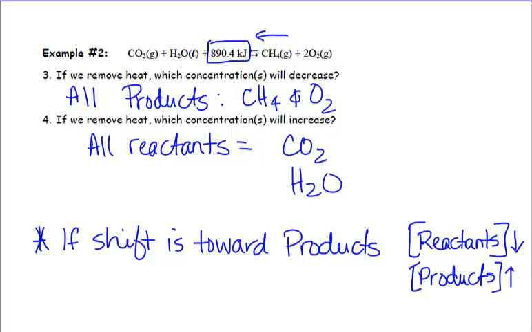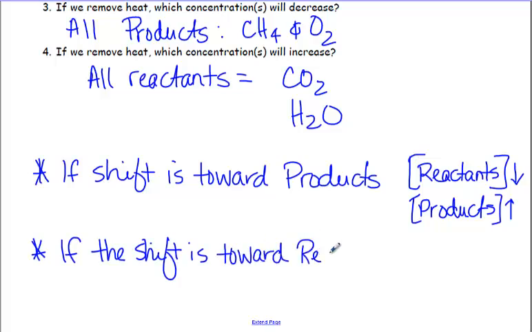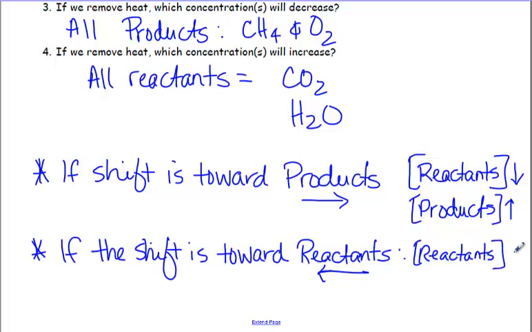Now, if the shift is toward the reactants, which would be going to the left, okay, and this helps you go this way. So if the shift's going toward the reactants, then the concentration of the reactants will increase, of course, and then the concentration of the products will then decrease.